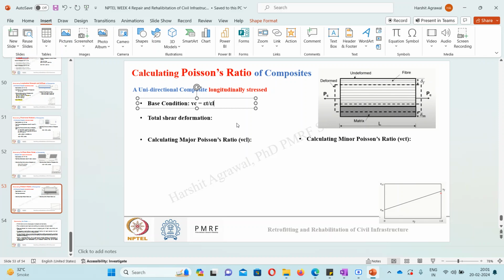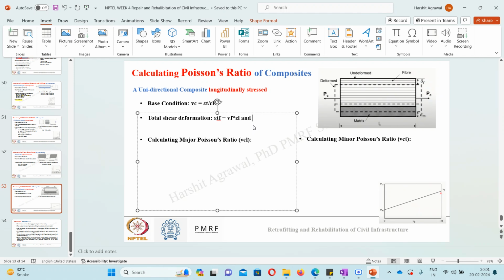Now for fiber, I can know the transverse strain in fiber. The transverse strain in fiber, epsilon TF, is nothing but, I know the Poisson's ratio of fiber, vf times epsilon CL, the strain in longitudinal direction, which we know.